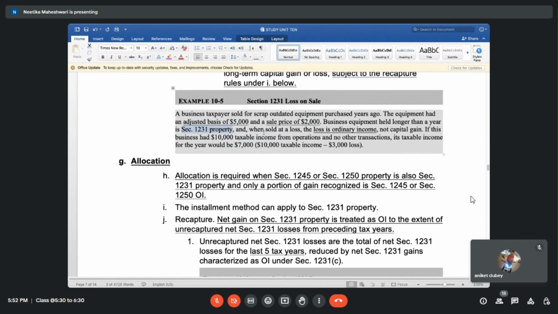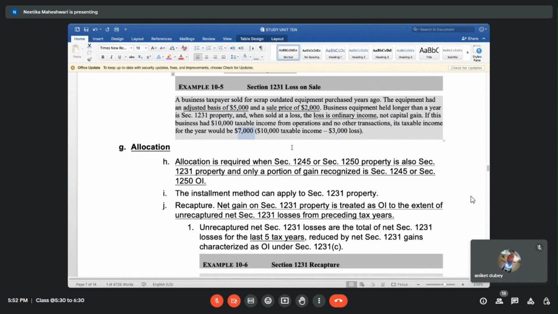We can take that loss and reduce ordinary income. So the $3,000 is straight away reducing the taxable income, and obviously the tax liability will be less on the lesser amount. I hope this is very clear, because all it is trying to tell you is that this can be taken as an ordinary loss.